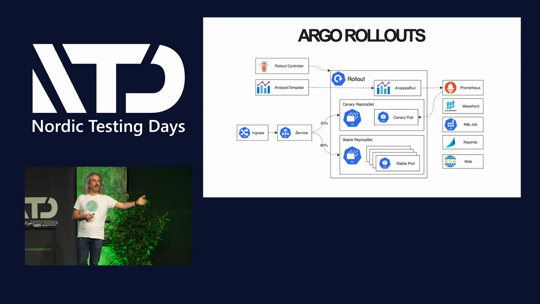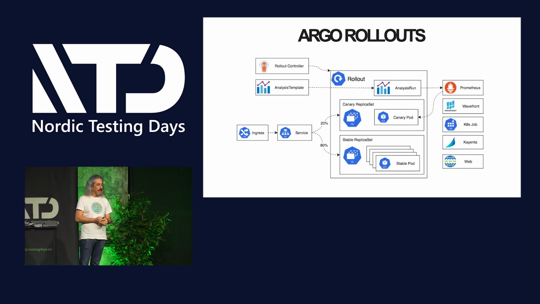The Canary version is the new one that you are deploying. It scales up the Canary replica set however you define this rollout to be configured. You have both the old pods and the new pods, and it's increasing the new pods and decreasing the old pods based on whatever you configure.